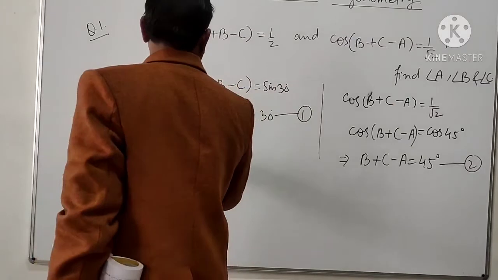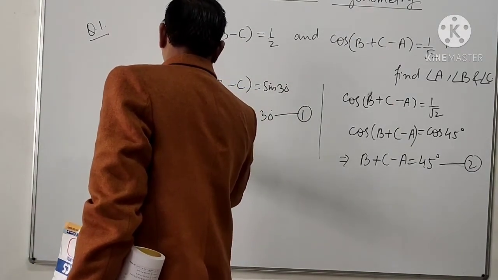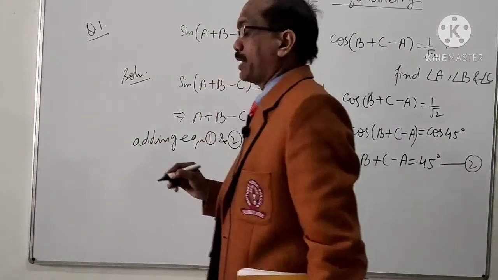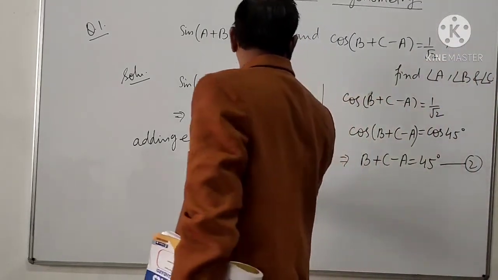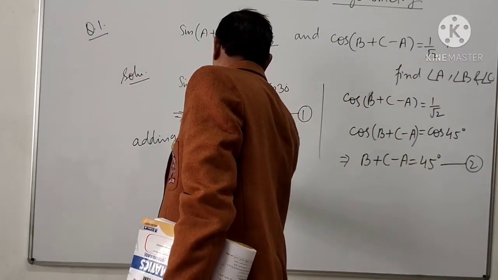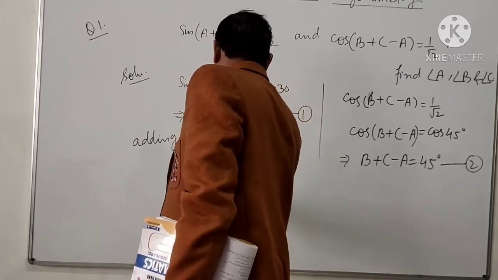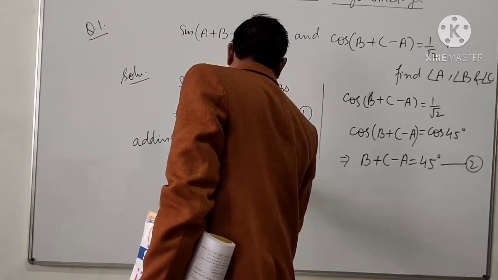So, adding equation 1 and 2. Question is why we are adding? Because here A and C are having opposite sign. So A + B − C is 30 degree and B + C − A is 45 degree.